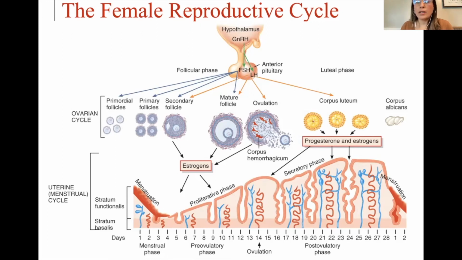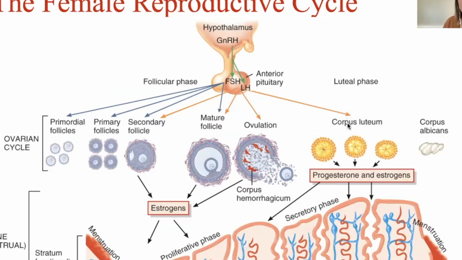within the uterus, right? And so that progesterone and estrogen is going to come from the corpus luteum, which is the remaining of that follicle that was within the ovaries, right? So that corpus luteum is the one producing progesterone and estrogens, right? And so at the same time, the corpus luteum, remember, is going to be stimulated by LH.